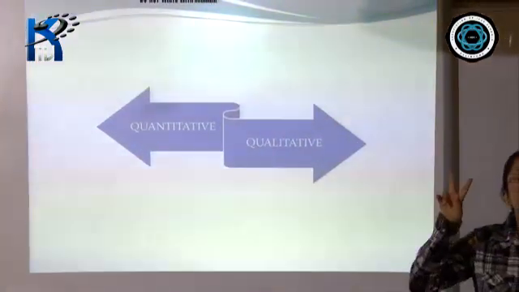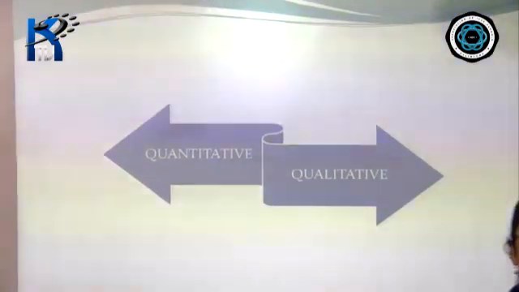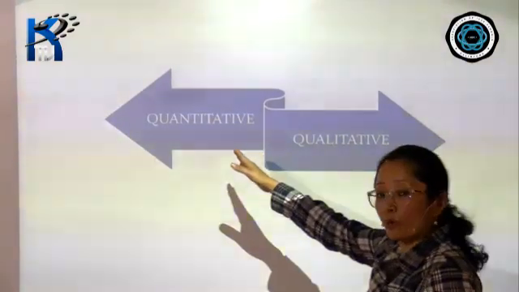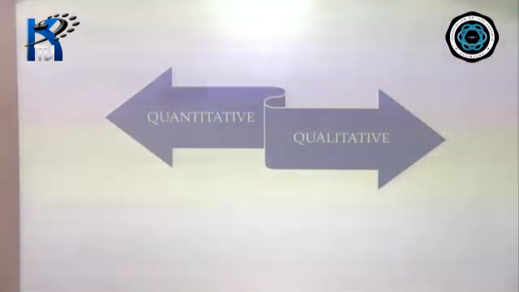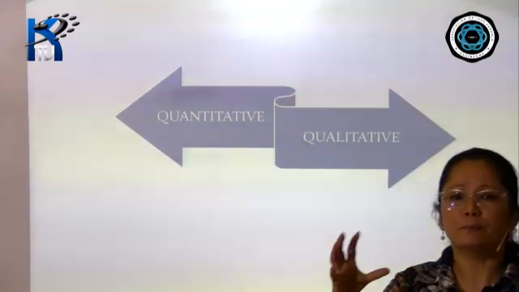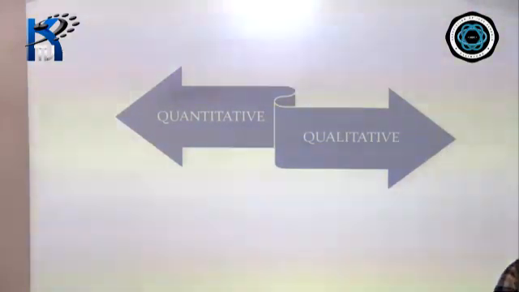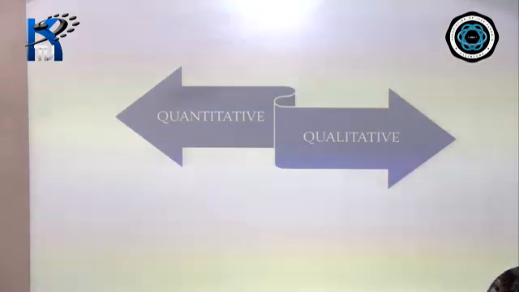There are two types of analysis done by the R&D department. One is the quantitative analysis, and the second one is the qualitative analysis. Now this is very, very important, so I want you to pay attention. What is quantitative analysis? In this analysis, the department focuses more on the marks which are scored.